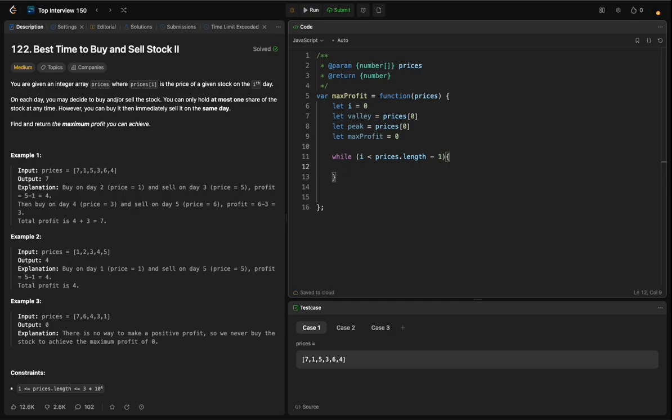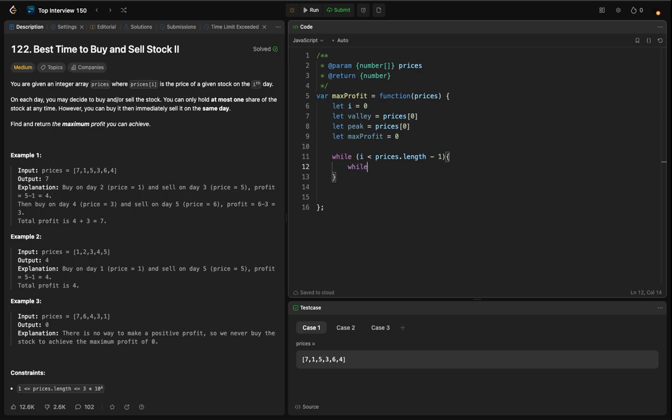First I want to find where the valley price is. So what is the valley price? The valley price will be any day whose price is less than its next. How do we do that?